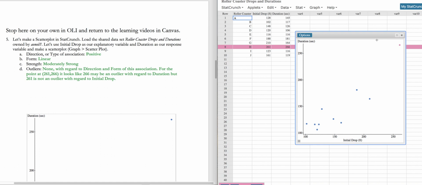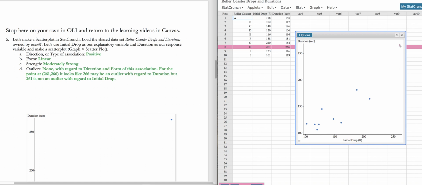We are looking for something in terms of an outlier that shies away from or doesn't follow the direction or the form. And this point really does. It follows that positive direction. It follows that linear form. We could draw sort of a line, including that point, that kind of fits all of the data. So that point is not an outlier. That individual roller coaster is not an outlier.